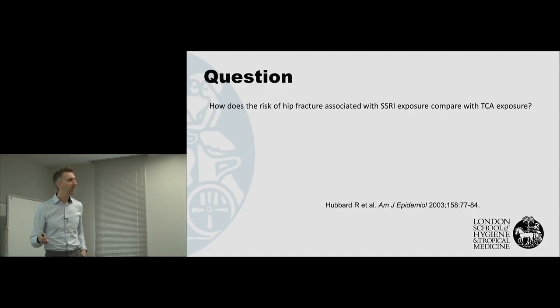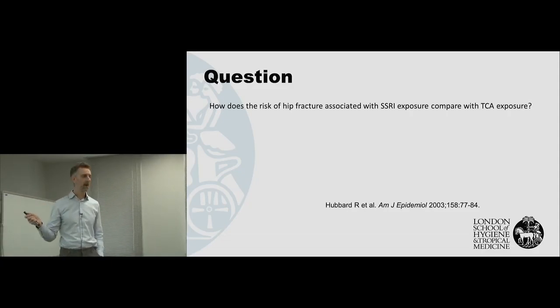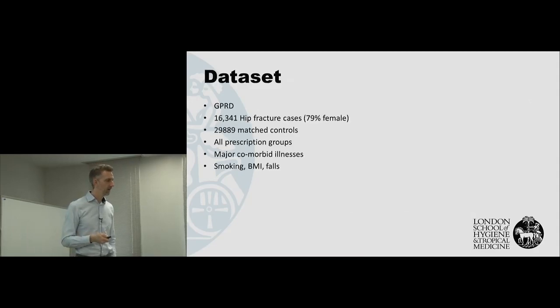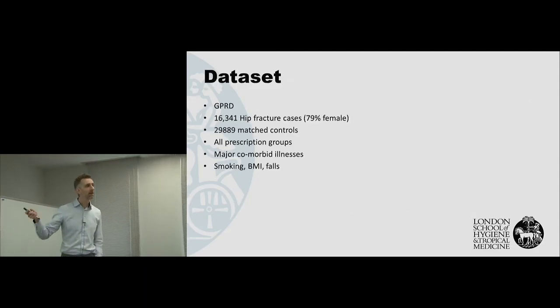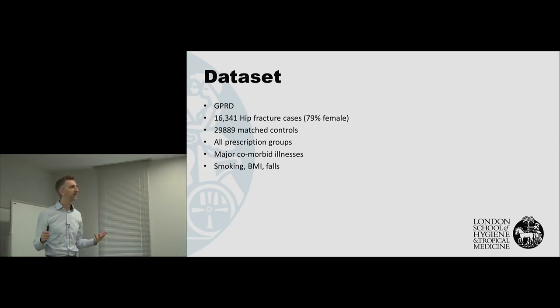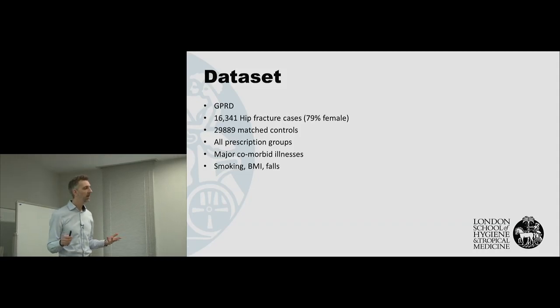Okay. So back to our study question, which is, how does the risk of hip fracture associated with SSRIs compare with tricyclics? This was a study done in what is now the CPRD, which used to be called GPRD. The study investigators found 16,000 cases of hip fracture, 80% of them women.